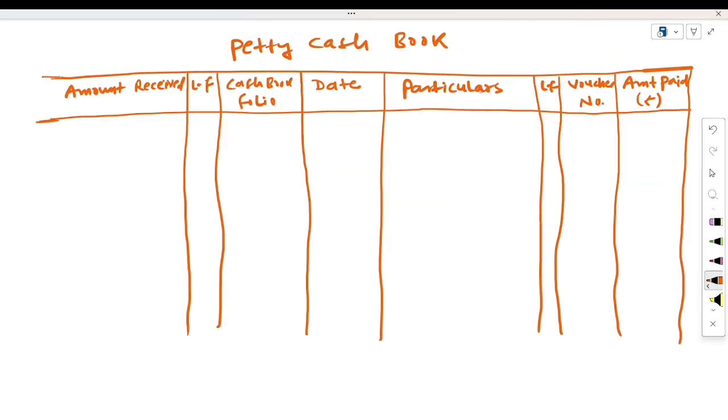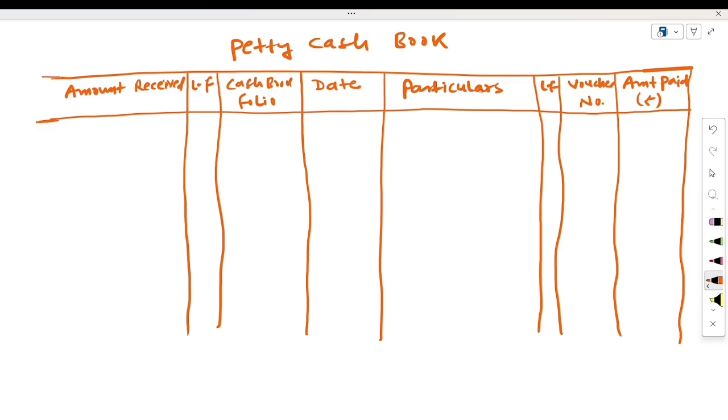This is the format of the simple petty cash book. Here on the receipt side the amount column is only one, and on the payment side the amount column is also one. But in the analytical petty cash book, the amount columns will be multiple, not a single amount column. For each payment, there will be a separate amount column.